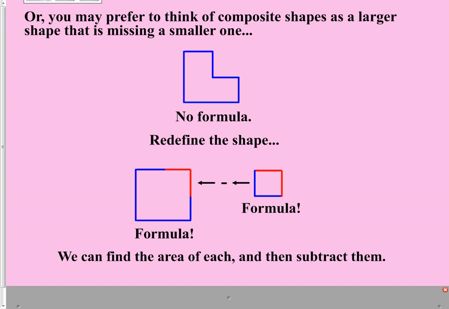Okay, but once again, figuring out shapes that we can understand so that we can either add some smaller shapes together with formulas that we do understand, or bigger shapes that have formulas where we can start subtracting smaller shapes that also have formulas away from them. So it's just a matter of engineering your mind to recognize or to consider creatively what you might actually be looking at. Okay, so that's basically the information.